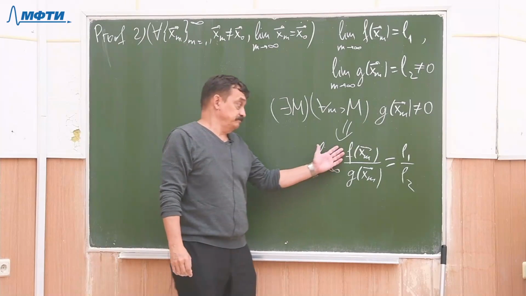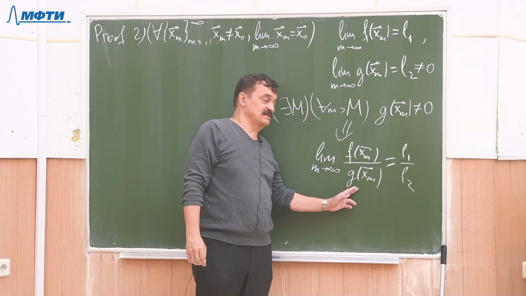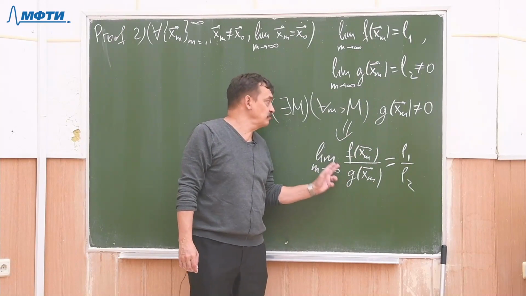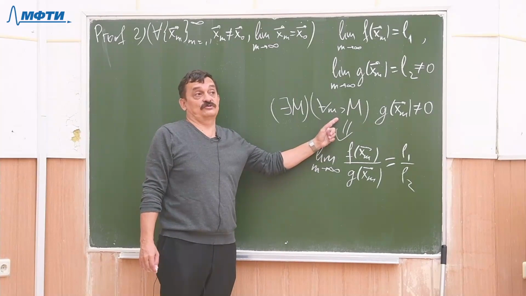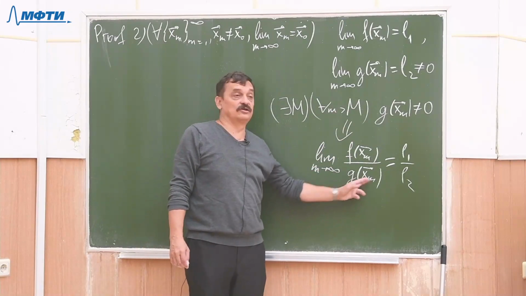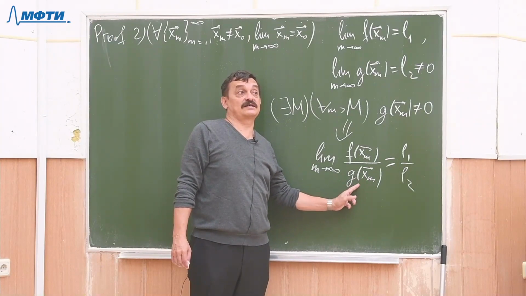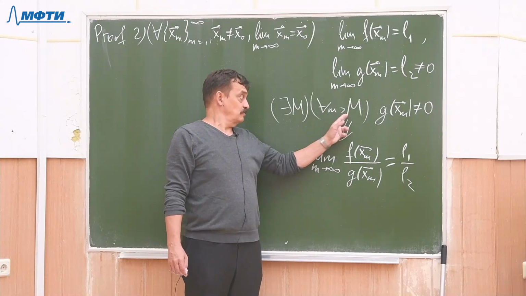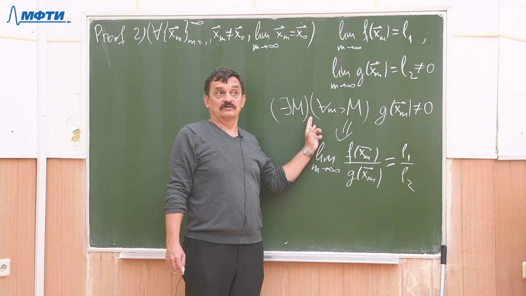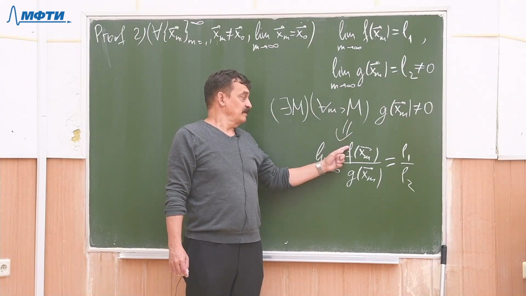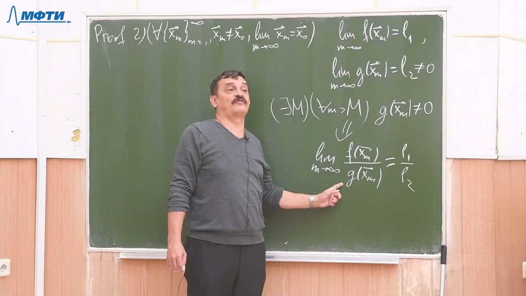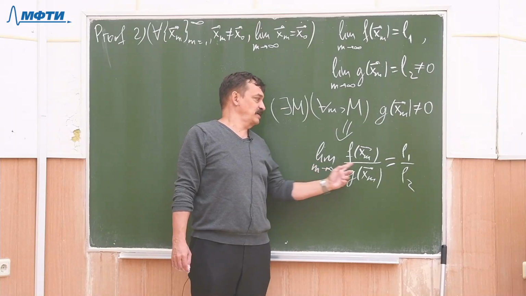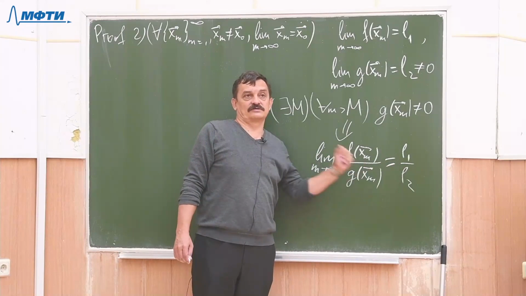So you see, rigorously speaking, this ratio may be not defined for finitely many first terms, right? Because we cannot exclude that g of x_m is 0. It might be the case, but we can be sure that this sequence is well defined for sufficiently large m. And in this sense, we can say the limit of this sequence equals L1 over L2.